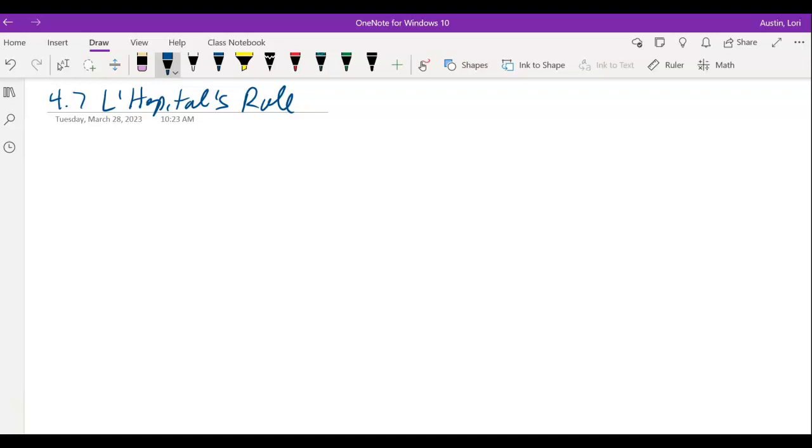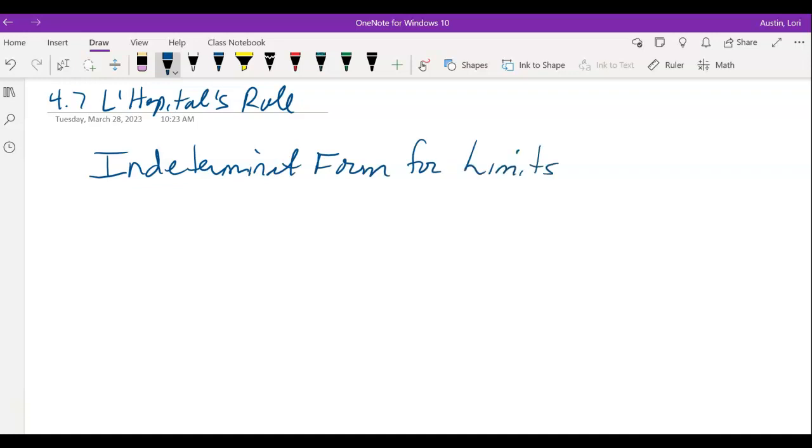Sometimes we come across limits that are what we would call an indeterminate form. So what do I mean by an indeterminate form? For example, if I gave you, and I know we got to go back to limits, but you're going to have to go back to limits when you take the final, so this is a good little review.